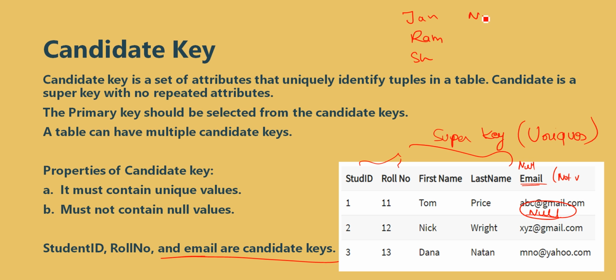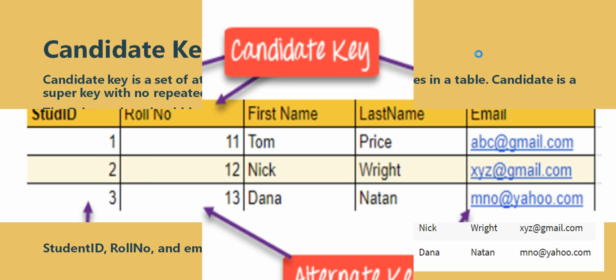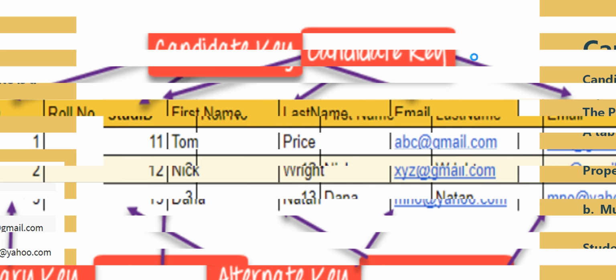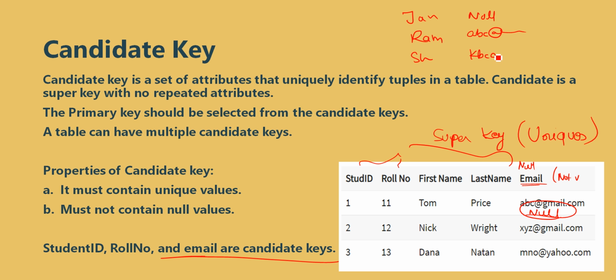James has a null value, Ram has abc@gmail.com, and Syam has kbc@gmail.com, right? In this case we can clearly see that this is all still unique, because null is never repeated.